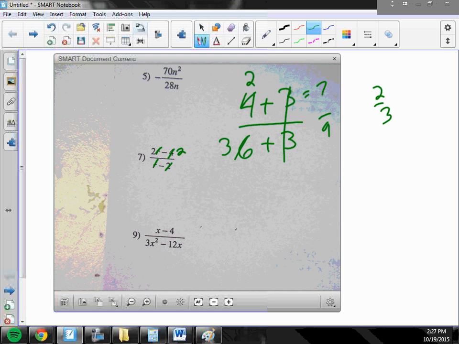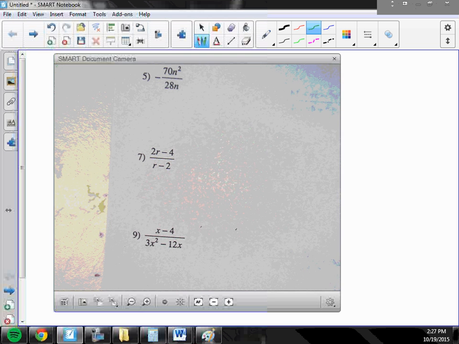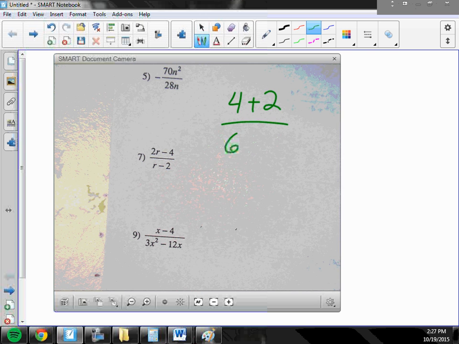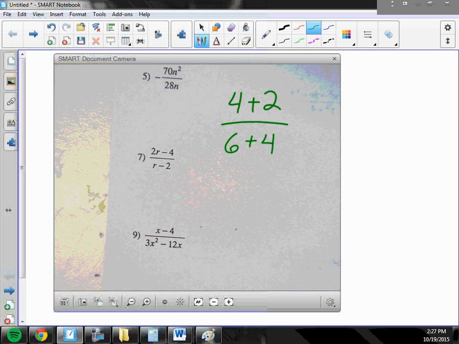So, when you look at 4 plus 3 and 6 plus 3, you have to treat this as a single number. What if I had 4 plus 2 over 6 plus 4? Can I turn 4 plus 2 into a multiplication problem instead of an addition problem?